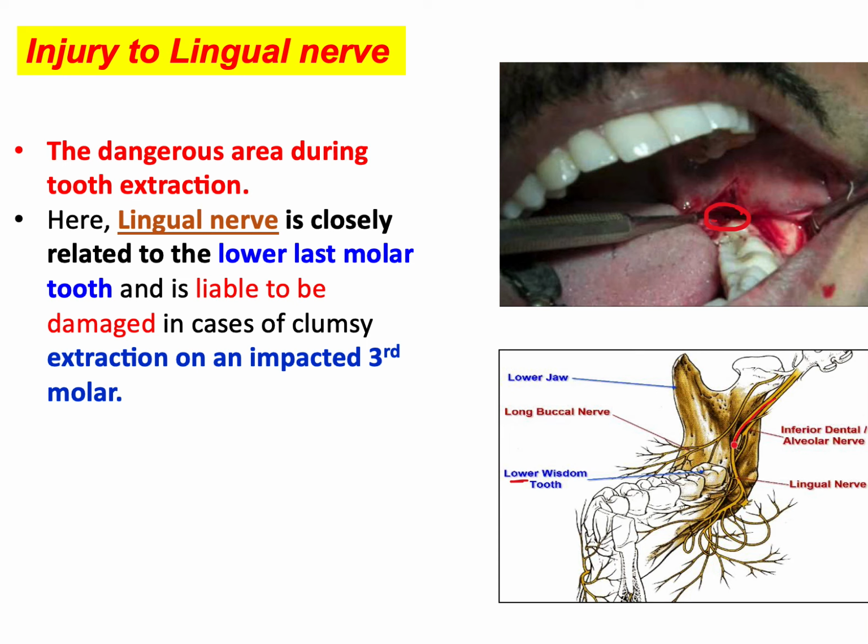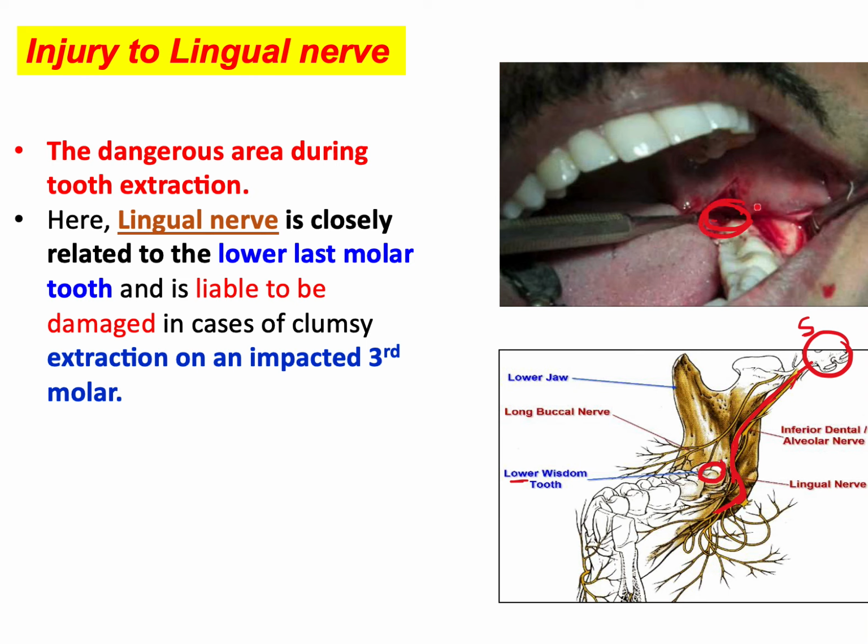You remember the lingual nerve that we mentioned earlier? This is a branch of the trigeminal nerve, cranial nerve number 5, the mandibular division that gives a couple of branches. One of them is the lingual nerve that carries the general sensation from the anterior two-thirds of the tongue. It's very close to the third molar tooth.